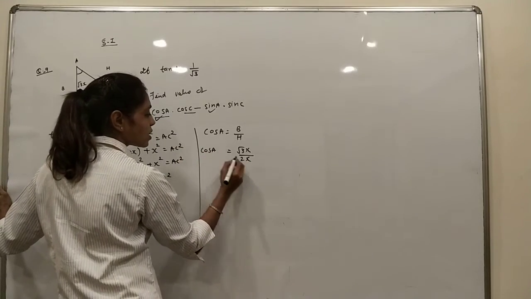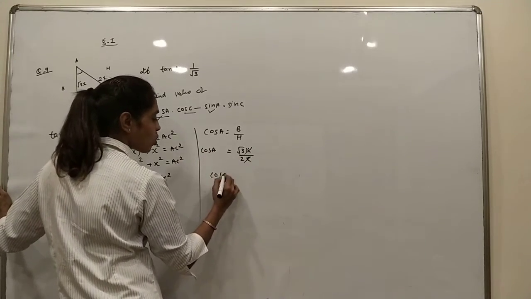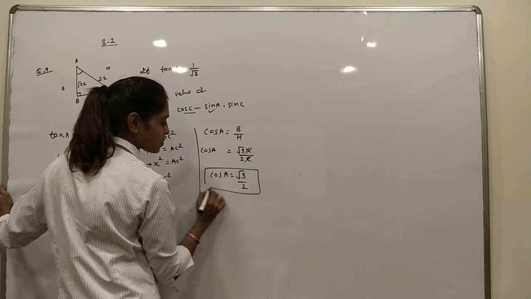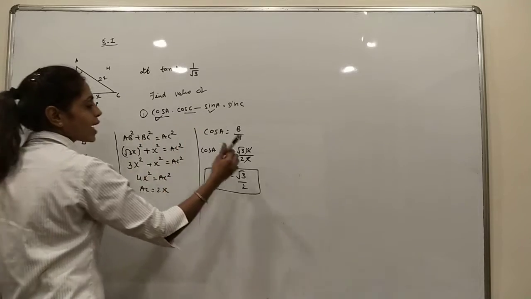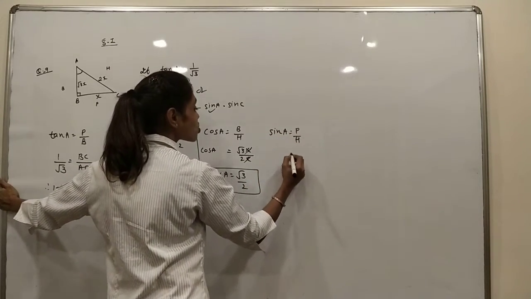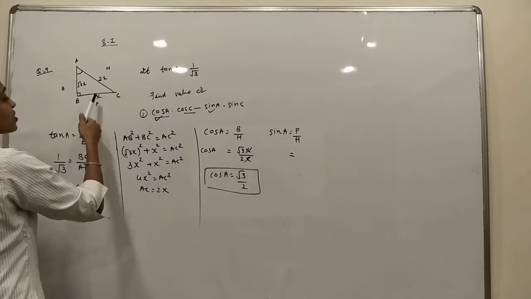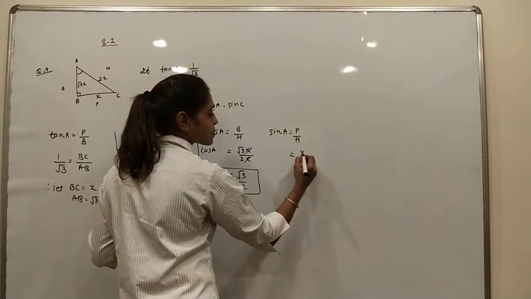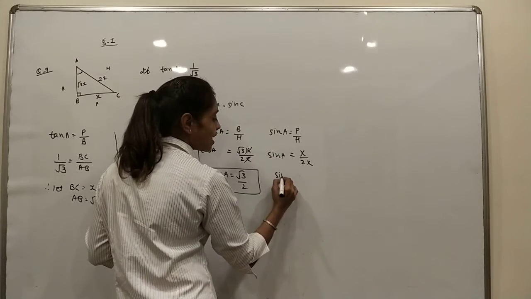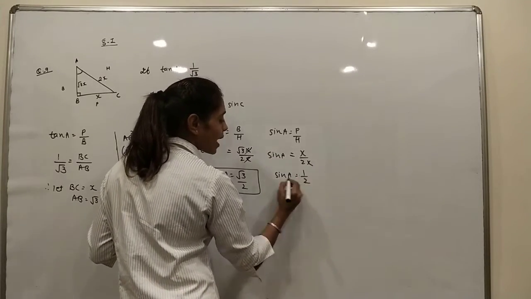The x cancels, so cos A is root 3 by 2. Sin A is P by H, which is x upon 2x. So sin A is 1 by 2.